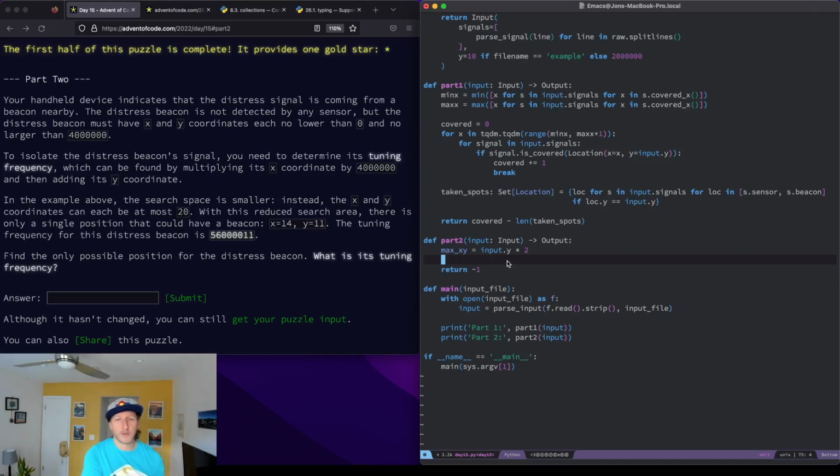Because we have 4 million by 4 million coordinates to run through, and you can't do O of n squared of 4 million. So I'm going to think for a bit about how to speed it up.